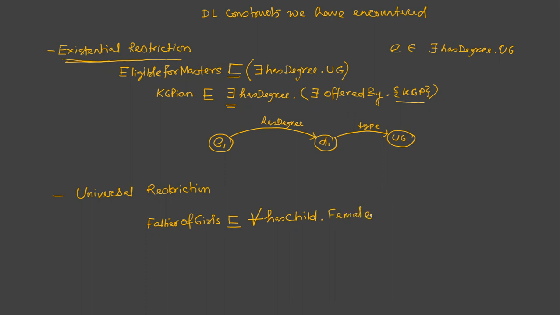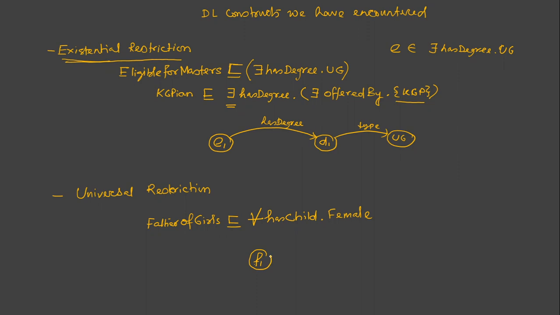That's how we can define universal restriction, right? You want all the properties the entity has, the property has child, and the value for all these properties should belong to the female category, right? So let me draw it once. I have drawn it many times, but let us draw it once.